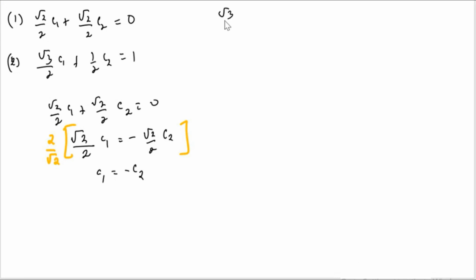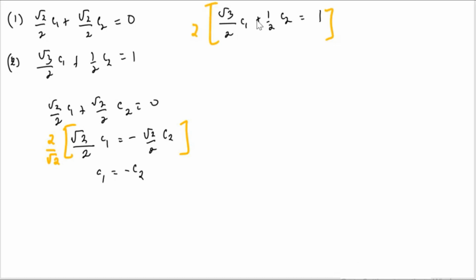Now from there, I'm going to use the other equation, the second one. We have square root of 3 over 2 of c sub 1 plus 1 half of c sub 2 is equal to 1. To eliminate the denominator, I'm going to multiply the entire equation by 2.